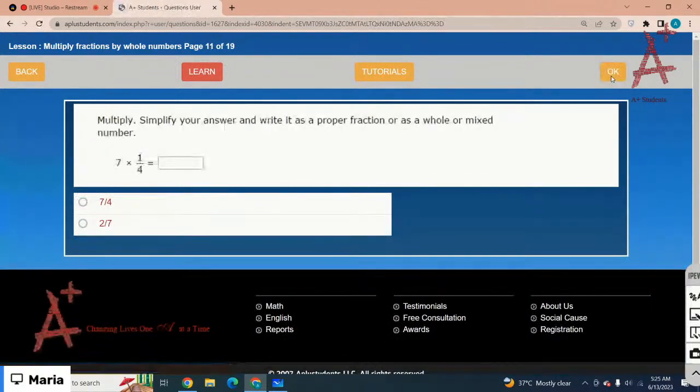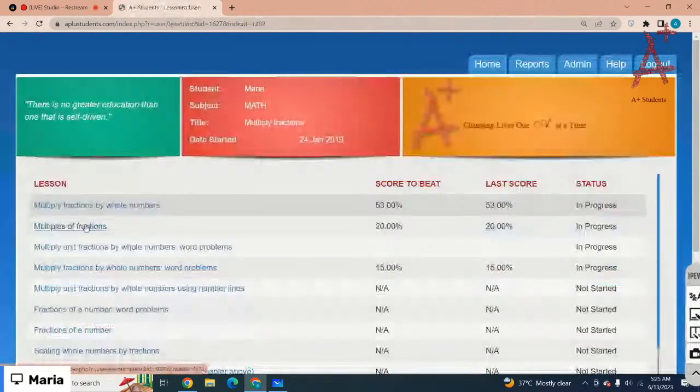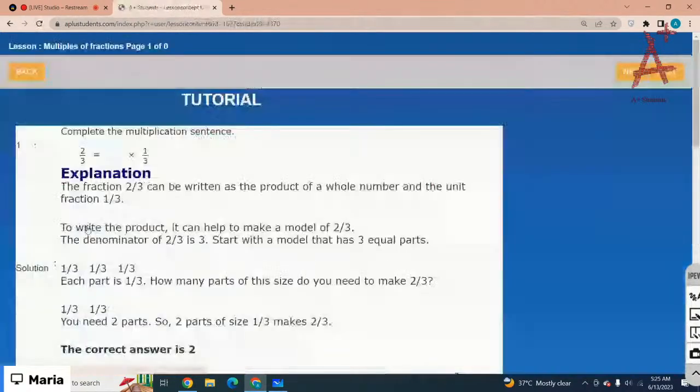Got it? The next lesson is multiples of fractions. So let's just start with the next one. Okay, complete the multiplication sentence. So basically, we are going to find the multiples of the fraction. Multiples means which numbers are multiplying with the fractions.